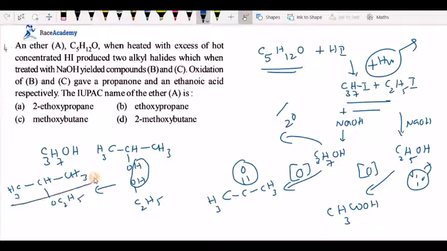If you consider the main carbon chain, on the second carbon we have an ethoxy group. So 2-ethoxypropane is the IUPAC name of this ether. This is the right option for the question. Let us move to the next question.